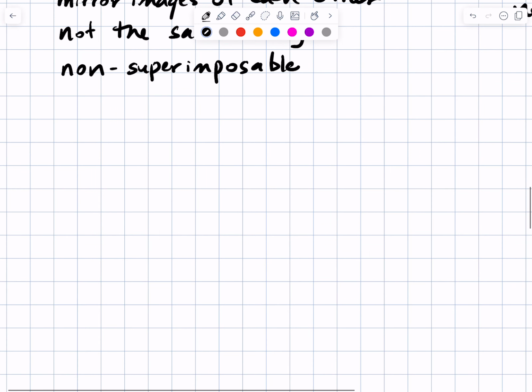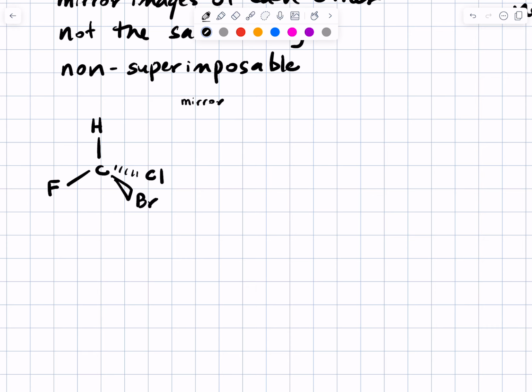Let's just draw here the objects that aren't the same as their mirror images. In this case, instead of using orange and yellow and green and purple spheres, let's just use different atoms. So I'm going to make up a molecule that has fluorine and then bromine and then chlorine. And you need to learn how to draw the mirror image of something. So I'm going to put a mirror here, and we'll use a dotted line.